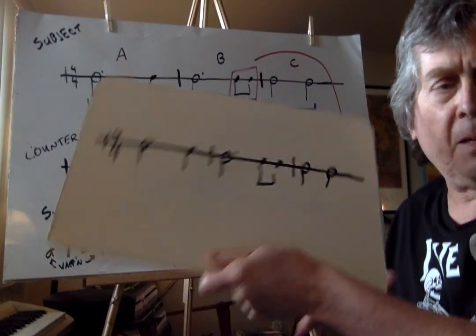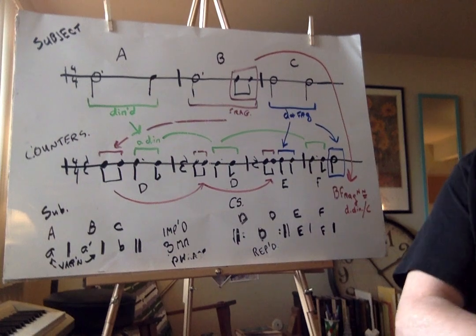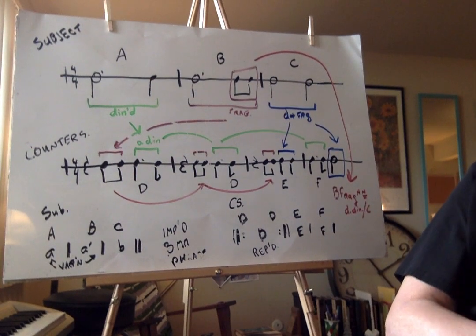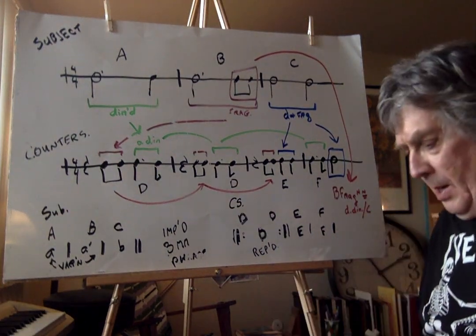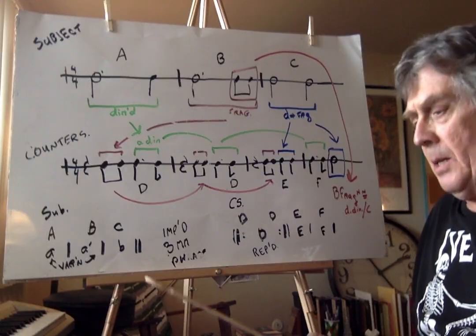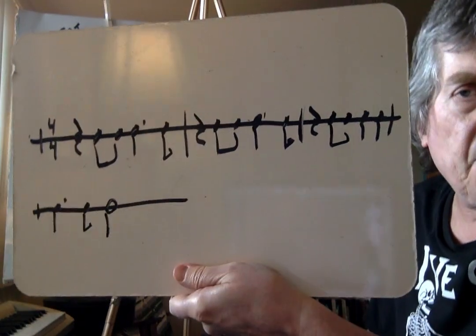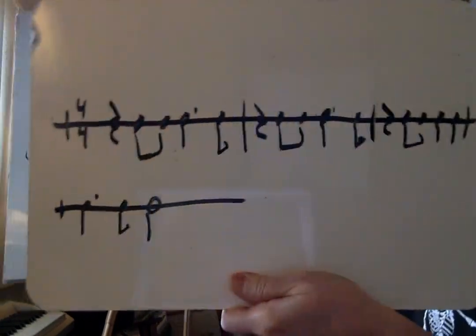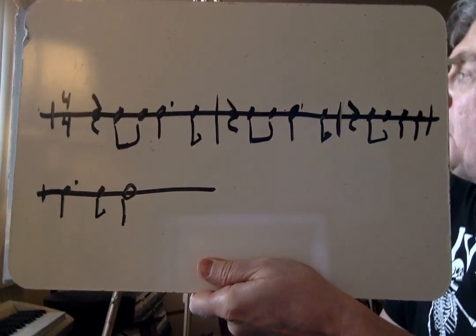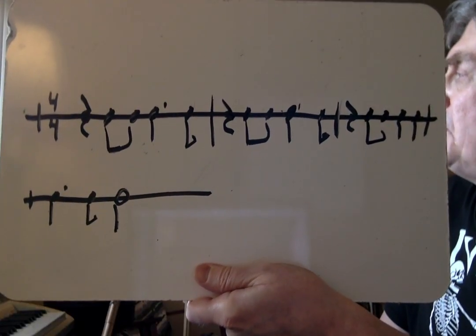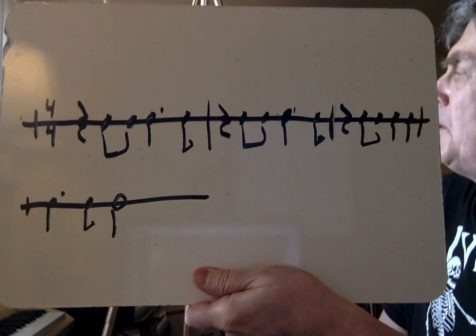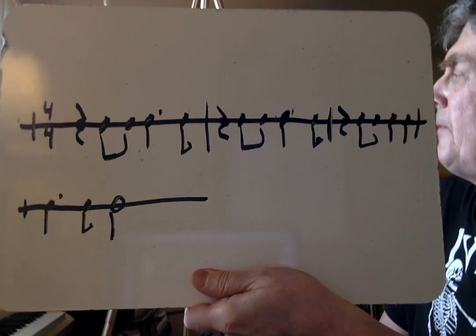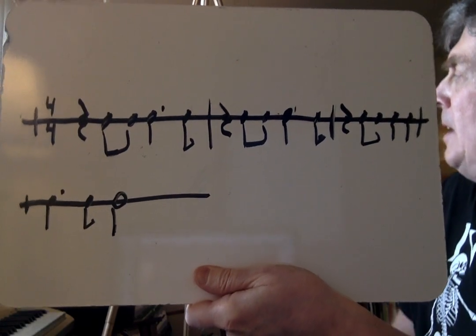That's the subject. And the countersubject, but of course the subject is 3 measures long, and the countersubject as written is 4 measures long. Quarter rest, two eighth notes, dotted quarter, eighth note in the first 2 measures of it.